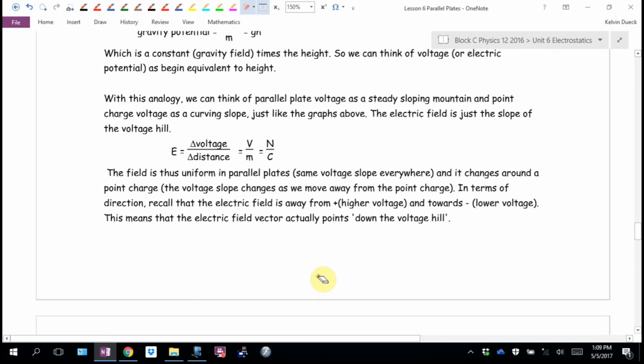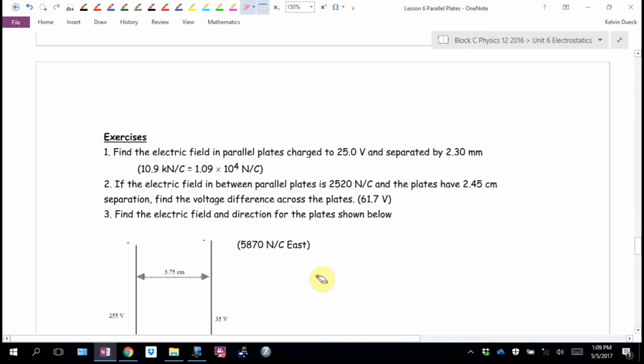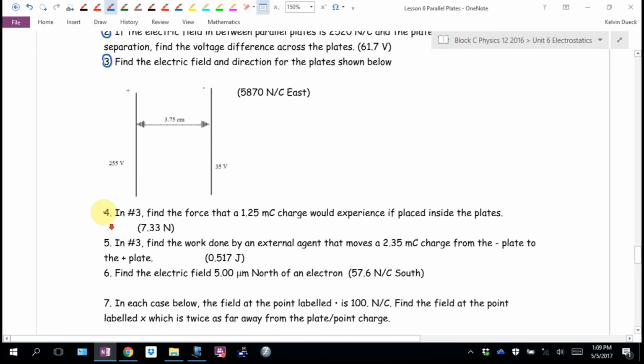Okay? What's your homework? 1, 2, 3, 4, 5, 6. In question number 4, what are they asking you to find? You can't use K, Q1, Q2 over r squared.